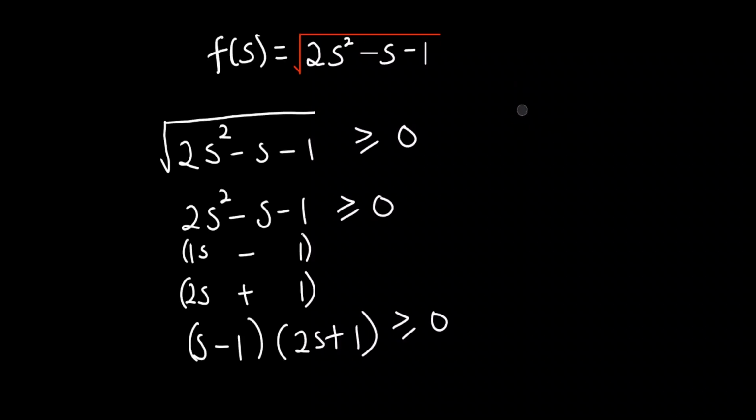To make a subject, we are going to have that a minus 1 is equal to 0 and 2a plus 1 is equal to 0, giving a equal to minus 1. To make a subject of formula means to make a stand alone.